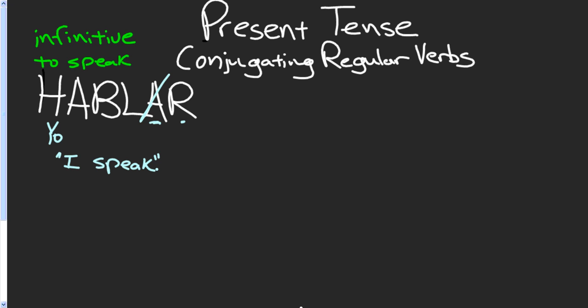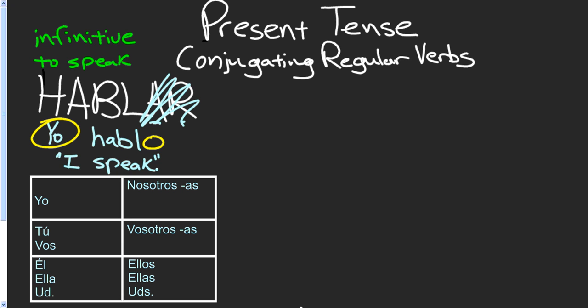We get rid of those last two letters, because those are the infinitive ending. So we're left with the stem, hab. We're going to reuse that stem, yo hab, and then we add on the ending that matches our yo form, which for the present tense and for these AR verbs is o. So to say I speak, yo hablo.